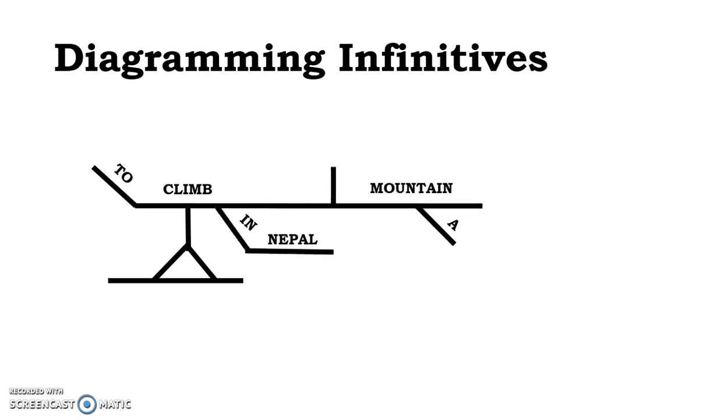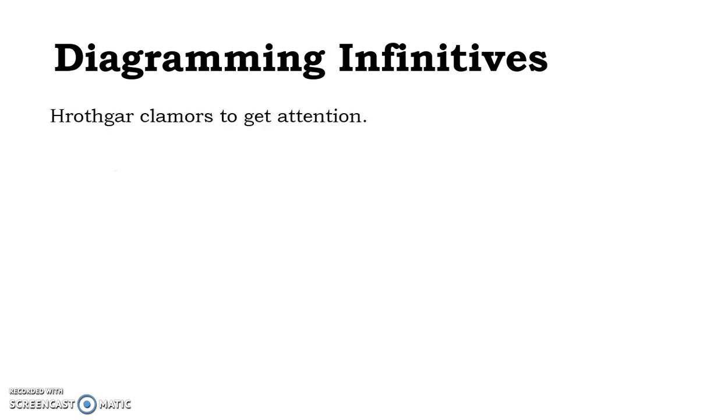Here, if I say to climb a mountain in Nepal, there in Nepal is telling me where, which is an adverb question. And that means that I'm going to put it underneath the verbish thing, just as I have in my last two cases of participial phrases and gerund phrases. We'll see this in action.